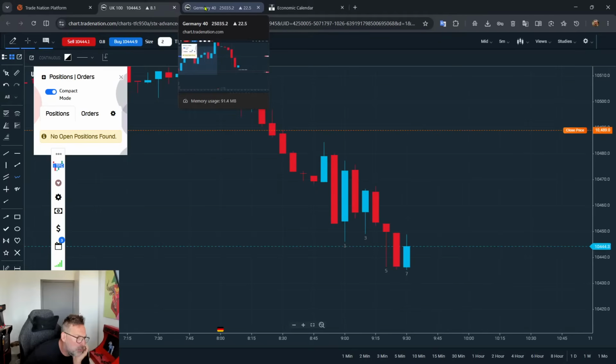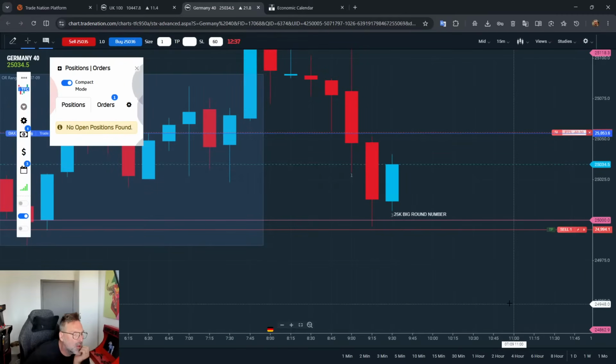So now I'm not so unhappy to be out of that for a scratch. Scratch is basically you close for zero or with very little loss manually. It's a scratch trade.